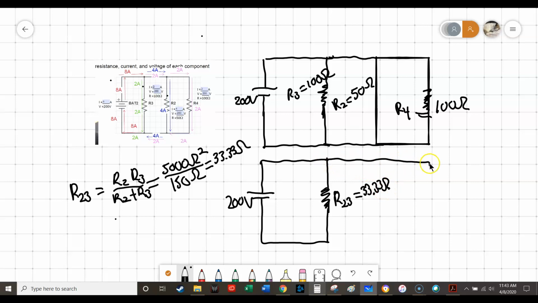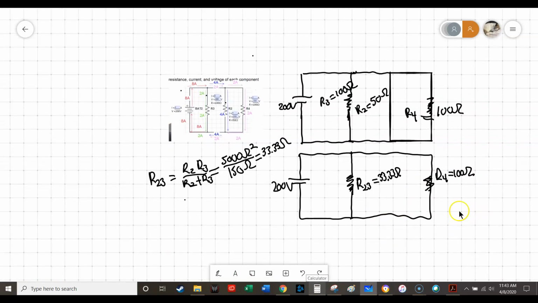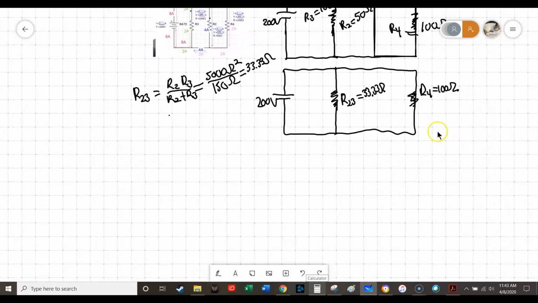Okay. This is what we get for that. And now we have R4 way out here, and R4 is still 100 ohms. So now I'm going to scooch down a little bit, and I'm going to combine R23 and R4 into one resistor.